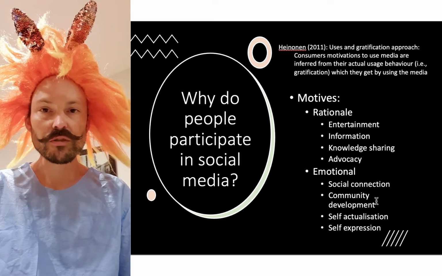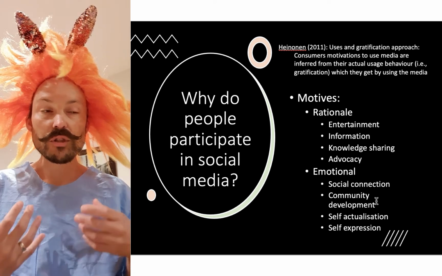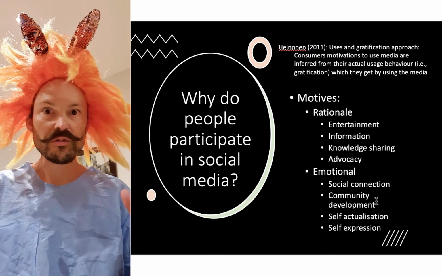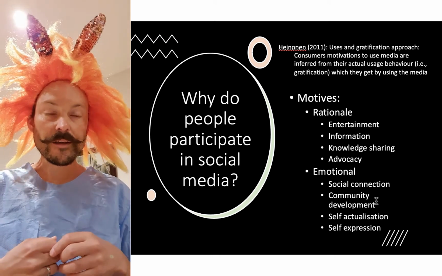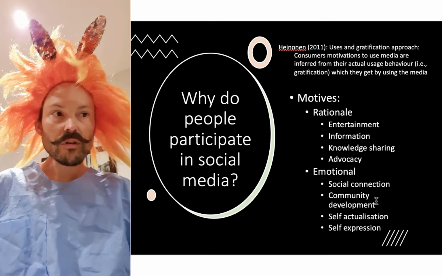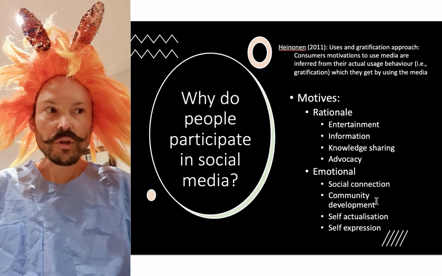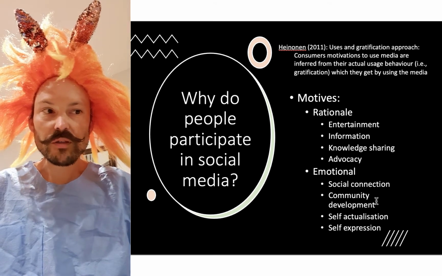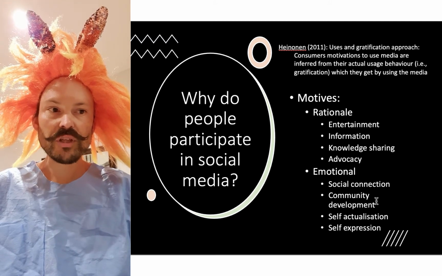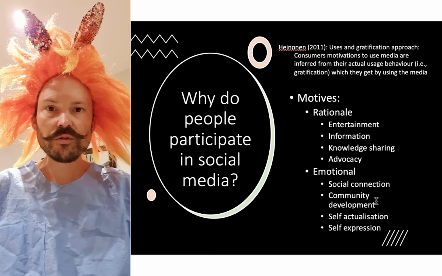The rational motives have to do with seeking entertainment, looking for different types of information, sharing knowledge, or otherwise participating in various advocacy activities. Now the emotional motivations, on the other hand, have to do with social connections, looking for community development, expressing yourself, or even actualizing yourself, such as giving back to society, pursuit of knowledge, and that sort of stuff.